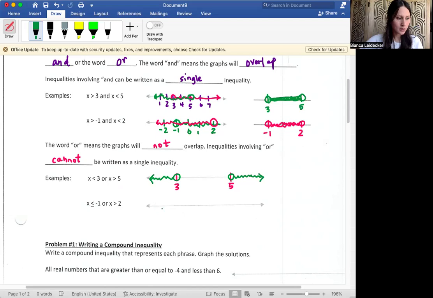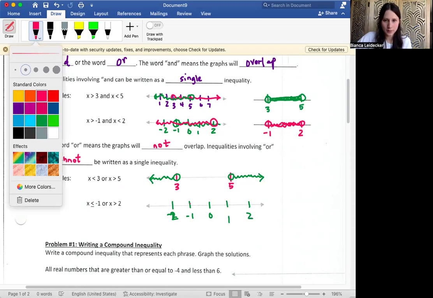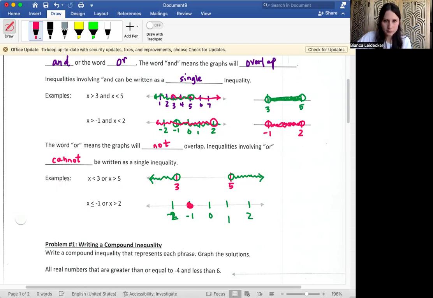X is less than or equal to -1. This is -2. -2, -1, 0, 1, and 2. Okay, so we're going to bubble in our circle because it's a less than or equal to, meaning it includes -1. So close it in.